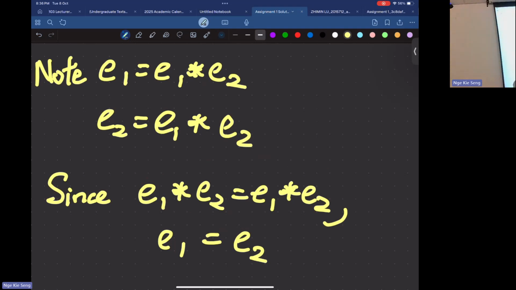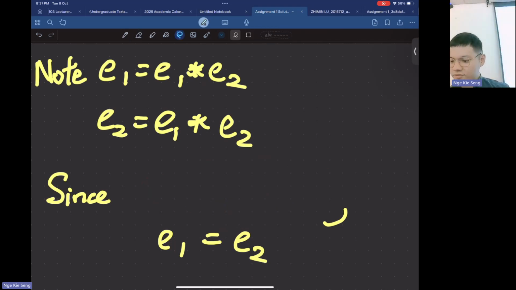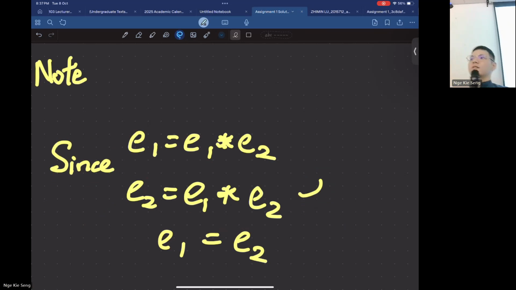Actually, it's because of the two lines above. So instead of putting this line, you just put these two lines. Since these two are true, then the bottom is true, done already. Isn't it clearer?